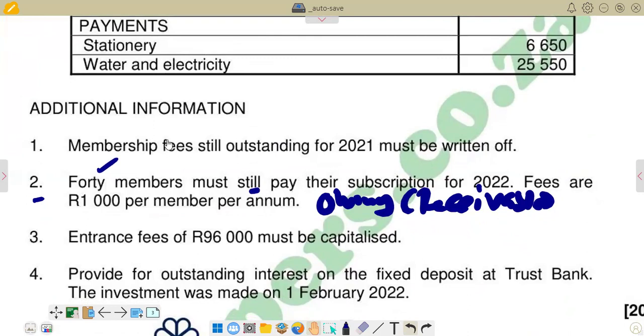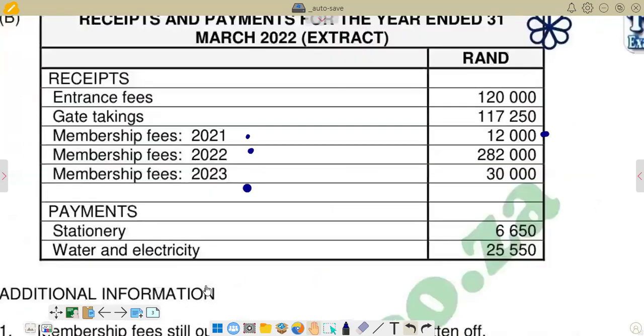So if you go down, you see that we've got entrance fees of 96,000 that must be capitalized, meaning it's not supposed to be put there in the income and expenditure. It's being capitalized, so you are supposed to subtract it from the figure that you are given in the season payments account to get the net figure. So 96,000, we subtract it from the figure that we have for entrance fees, which is 120,000.